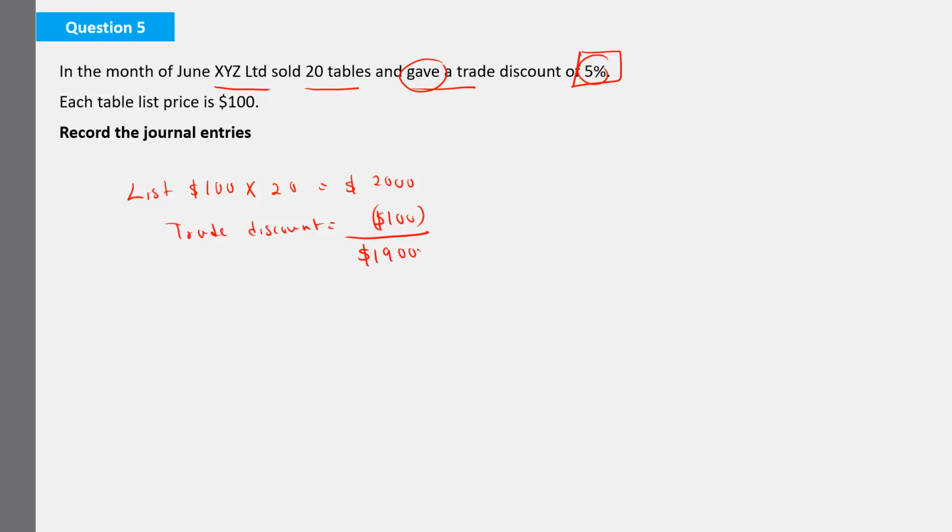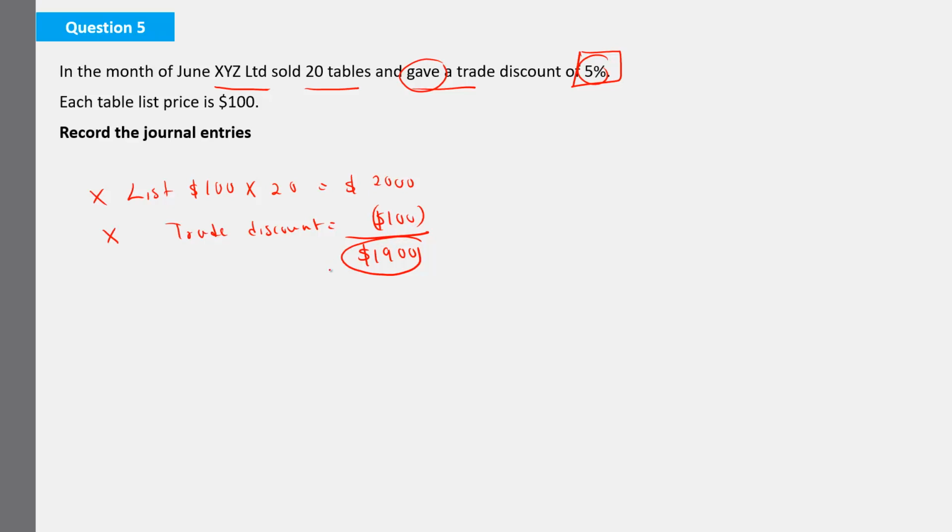So after the trade discount, what's the value? It is $1,900. So I said to you, in accounts we are not recording the list price, we are not recording the trade discount, we are recording the amount which is after the trade discount. So we have to record this 1,900. So here I am selling something. I sold tables. By selling tables, I got a cash of how much? $1,900. $2,000 is the amount that ideally I should get, but $100 is a discount that I gave.